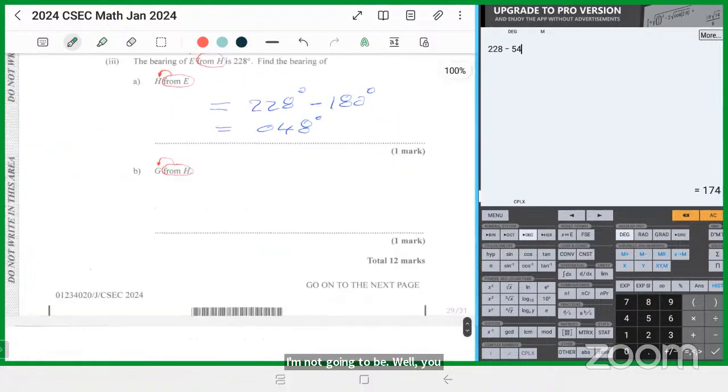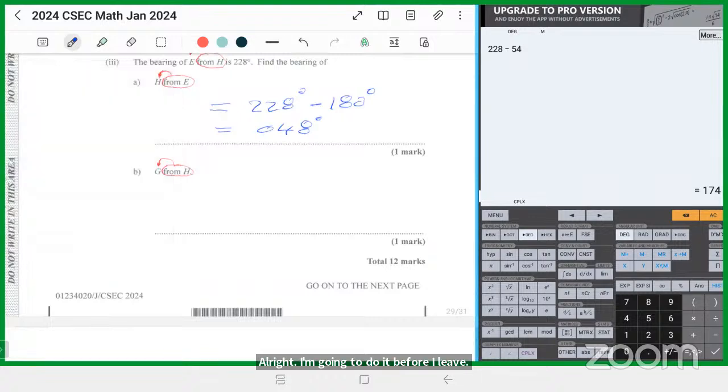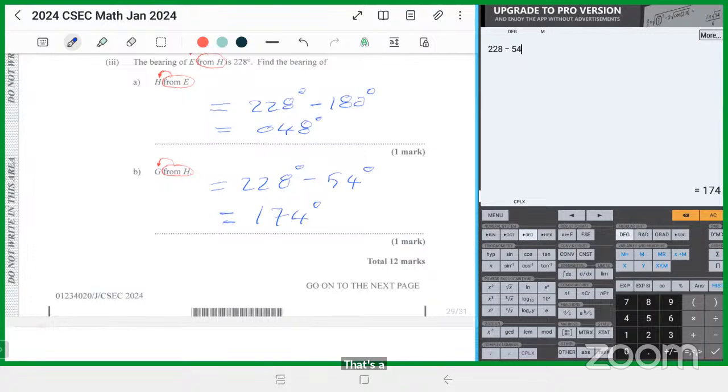So this we say it's what? 228 degrees minus 54 degrees. If you never gave me so much problem, what I done long time. I'm too restless, man. It's my Monday and I can't relax.